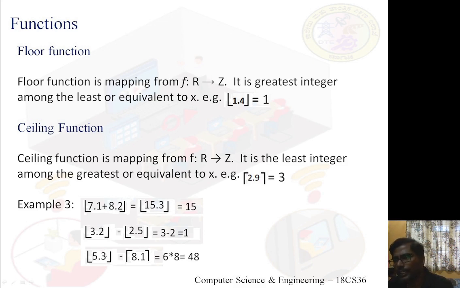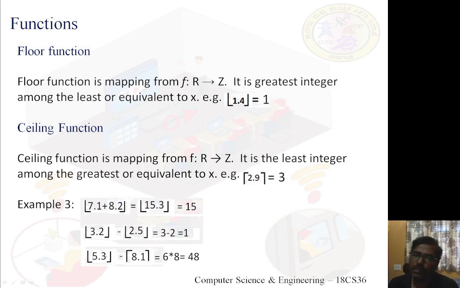Of this, the greatest is 1. That's the answer. So what is the floor function? It's a mapping from real numbers to integers, and for an input x, which is a real number, the output is the greatest integer among those less than or equal to x.